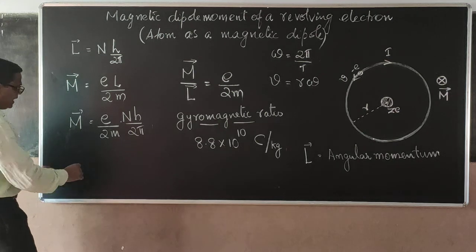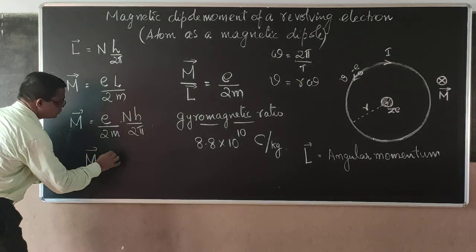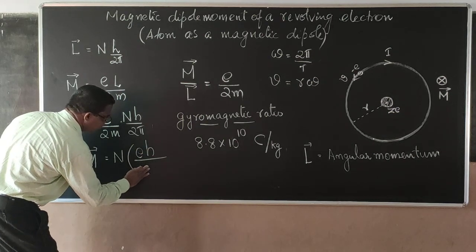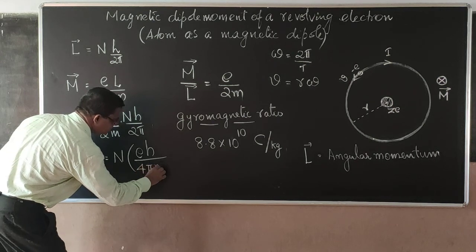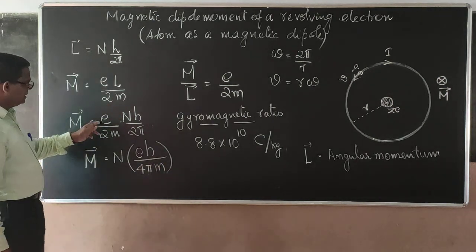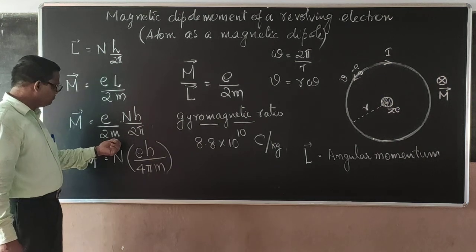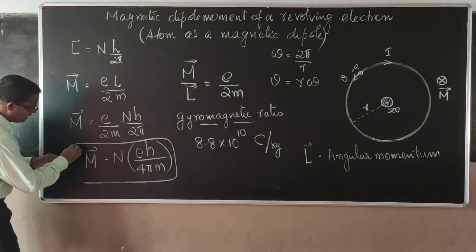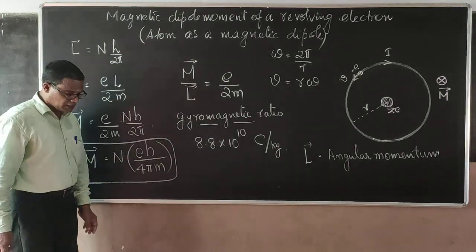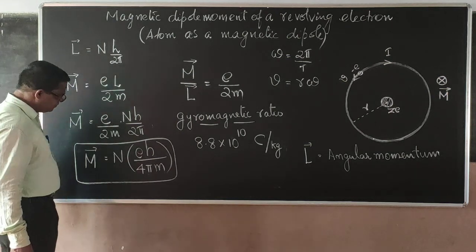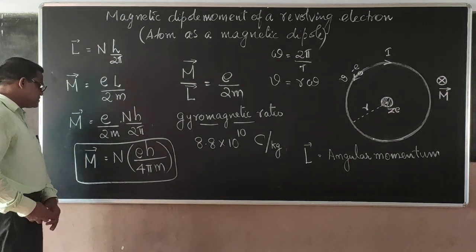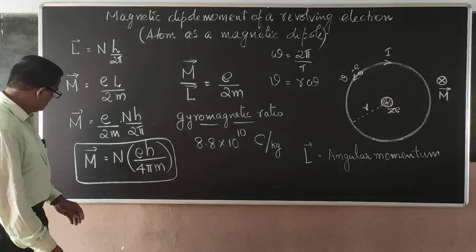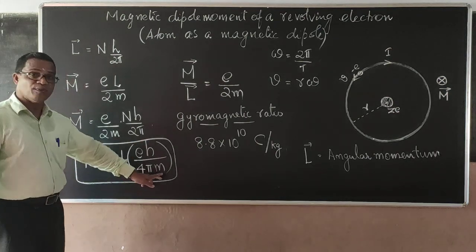Together I can have μ equal to n times e h by 4 pi m. So the magnetic dipole moment associated with the revolving electron is n times e h by 4 pi m.